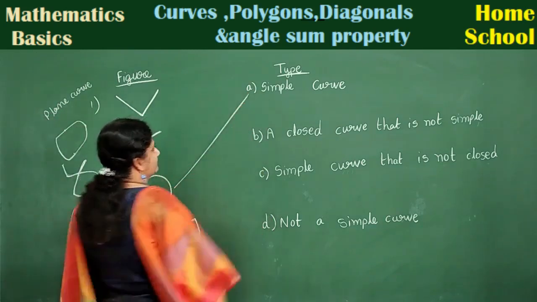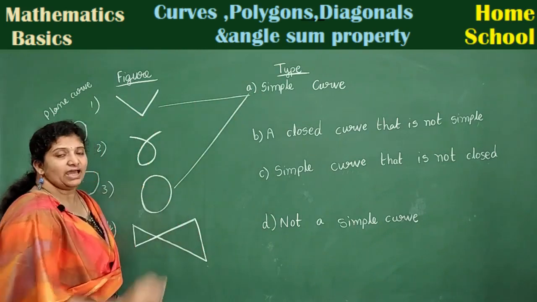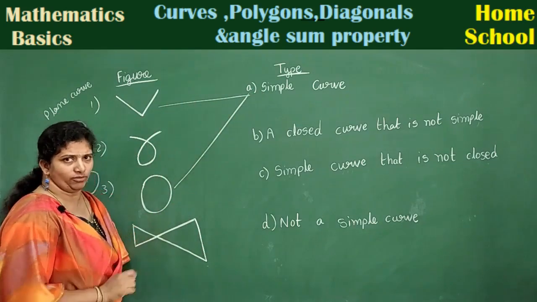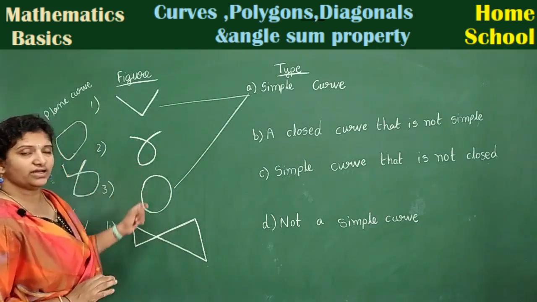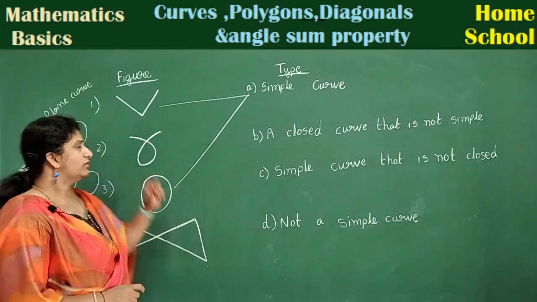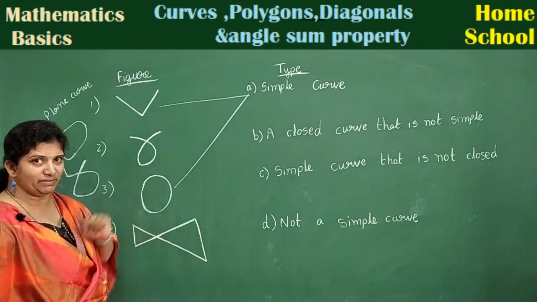Yes, this is a simple curve. This is also a simple curve. In these matchings, you can get two or three answers, no problem. You cannot say only one answer. These figures may match the same answer.